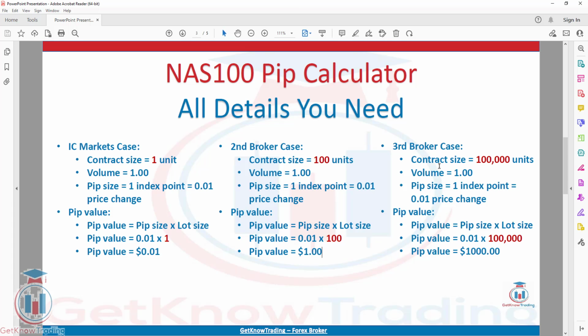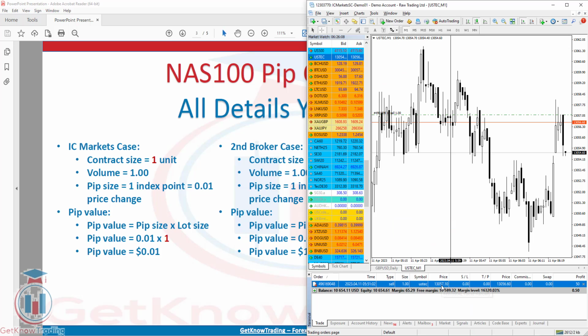In case of the third broker, where the contract size is defined as 100,000 units, this would mean that 1 pip would be valued at $1,000. So when the price goes from 13057.10 to 0.11, that would mean you would make or lose $1,000.